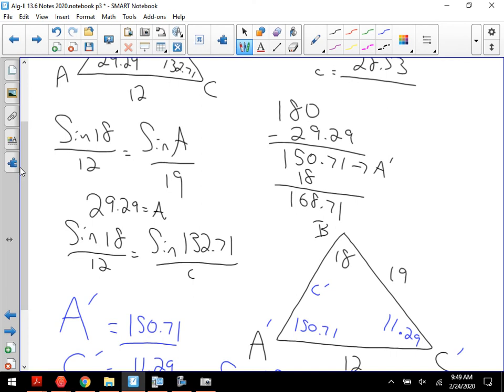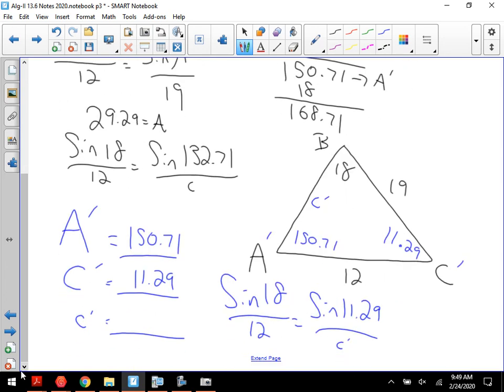The 29.29 is in the first quadrant. The 150 is up 29 and change from 180. They share the same y coordinate. That's why they have the same sine value. Okay, that's why this is possible. So then you just press some buttons to get that other C part. So let's see, 12 sine 11.29 divided by sine of 18, and I get 7.60.